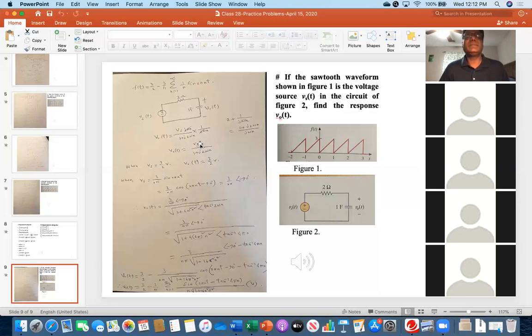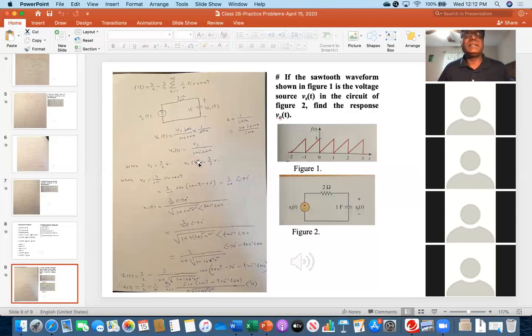Because this is DC, DC has 0 frequency, so put omega equal to 0 in the denominator. This term vanishes, only 1 remains, so ultimately you get V naught equal to 3 by 2.